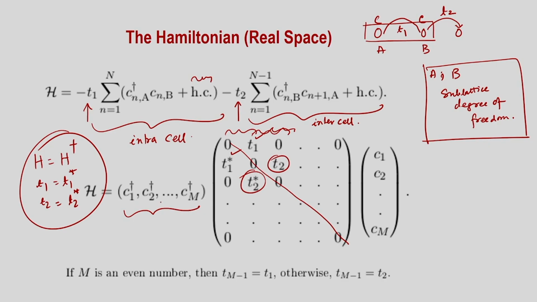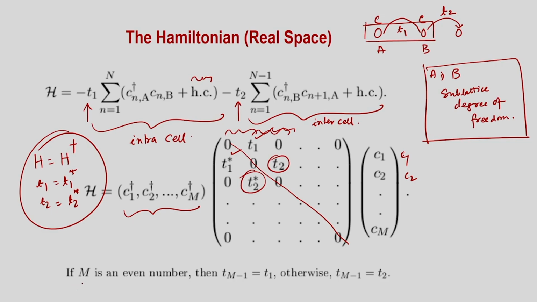So, C1 dagger, C2 dagger, C3 dagger, Cm dagger are the creation operators for electrons at the sites 1, 2, 3, 4 till m, and similarly C1, C2 up to Cm correspond to the annihilation operators at those sites.